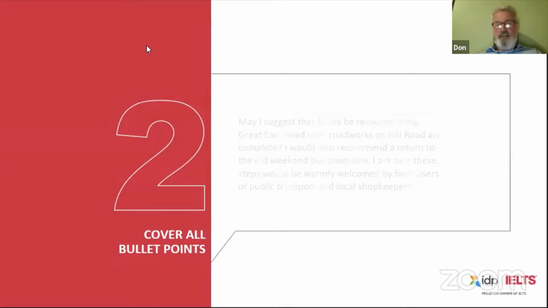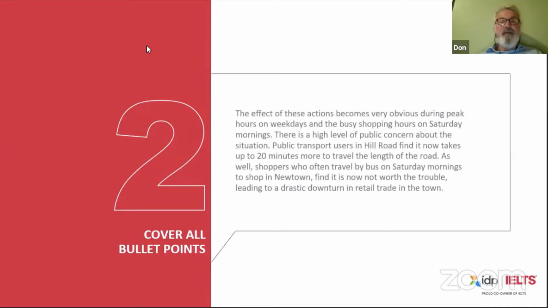This person continues, and in the second paragraph says, the effect of these actions is numerous, that there are high levels of public concern about the delays, 20 minutes or more to travel the length of the road, and that the people are not going shopping on Saturday mornings, so the retail business, the shops, are losing money. 2 problems, 2 effects.